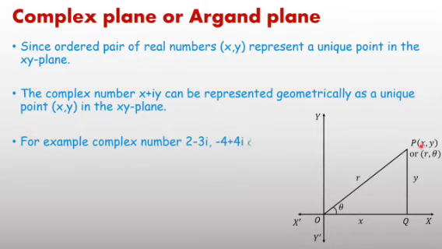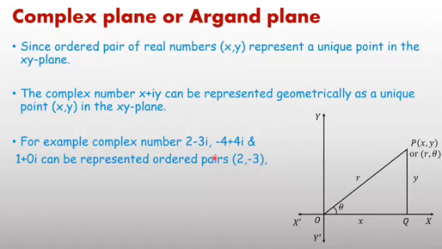For example, if we want to represent the numbers 2 minus 3i, minus 4 plus 4i, or 1 plus 0i on the complex plane, we will write 2 minus 3i as (2, minus 3), minus 4 plus 4i as (minus 4, 4), and 1 plus 0i as (1, 0). Here in (minus 4, 4), minus 4 represents the real part of the complex number and 4 is the imaginary part.